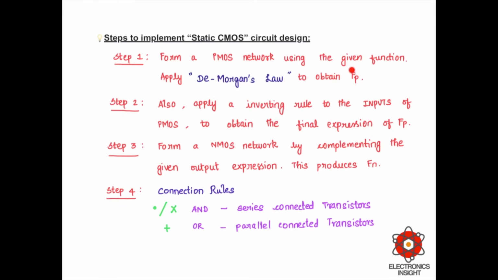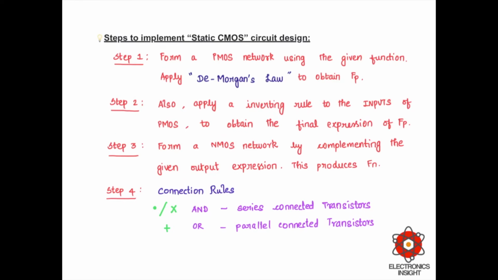That is why it is denoted as F suffix P. Step number 2 is also applying an inverting rule to the inputs of PMOS to obtain the final expression of FP. So once we apply De Morgan's law to the given function capital F, we again apply an inverting rule to the individual inputs of PMOS to obtain the final expression of FP.